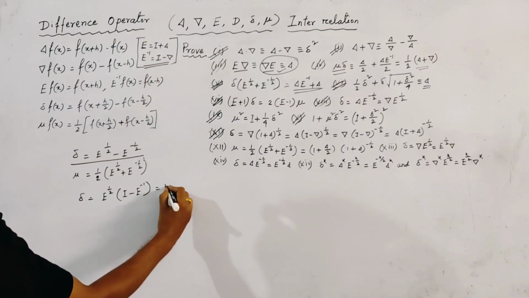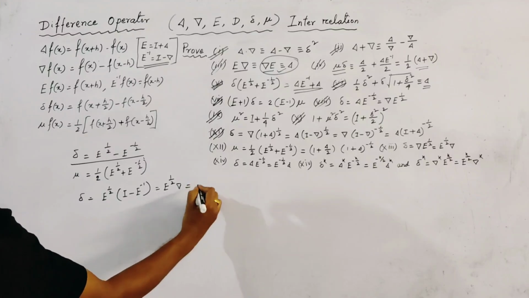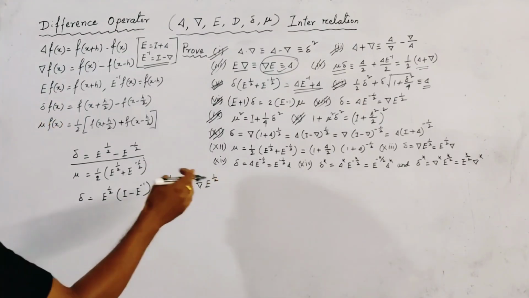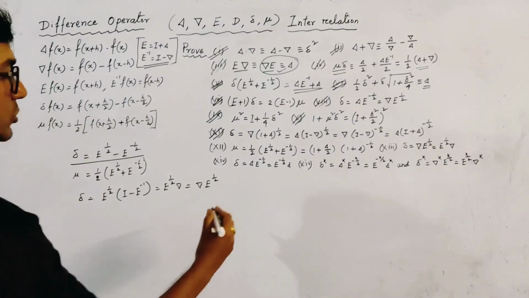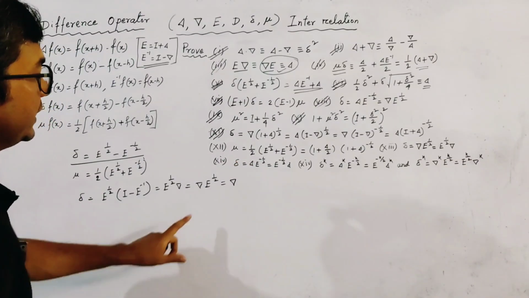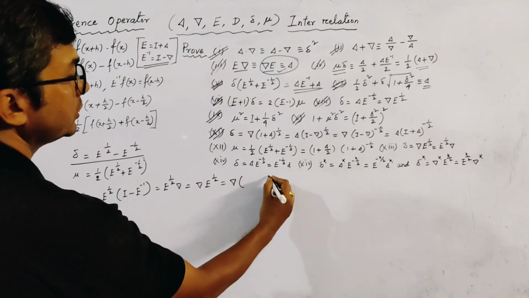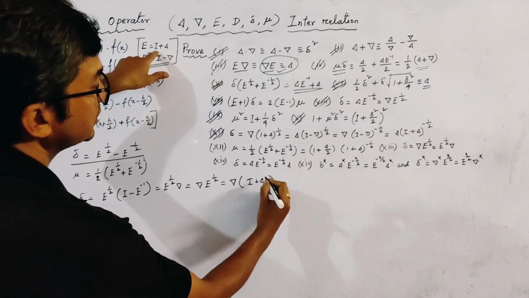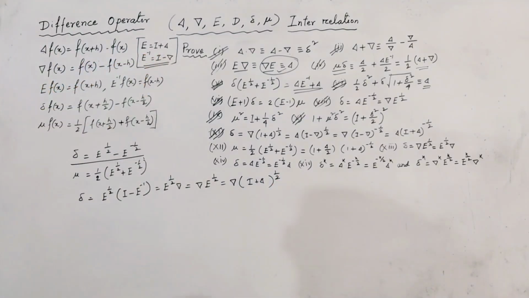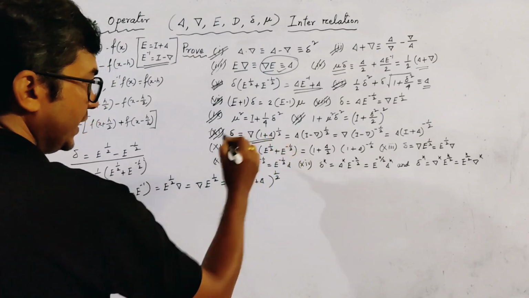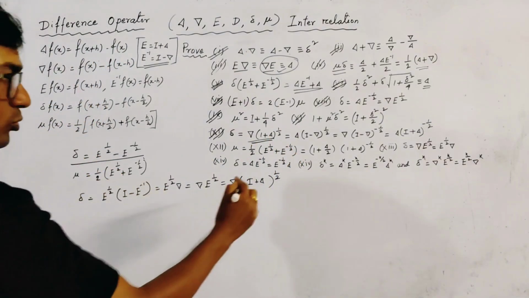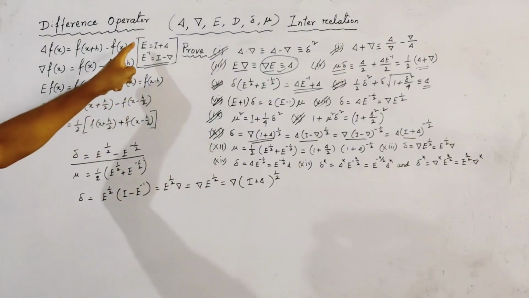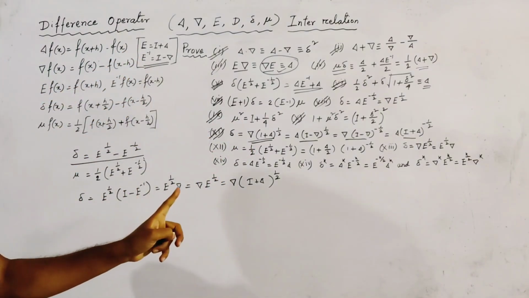So we write e to the power half into nabla, and this is nabla into e to the power half, because nabla and the shift operator commute, and this is nabla into I plus delta to the power half. So we prove the first relation, and by similar argument we prove all 4 relations of 11 by using these 2 results and the definitions one by one.